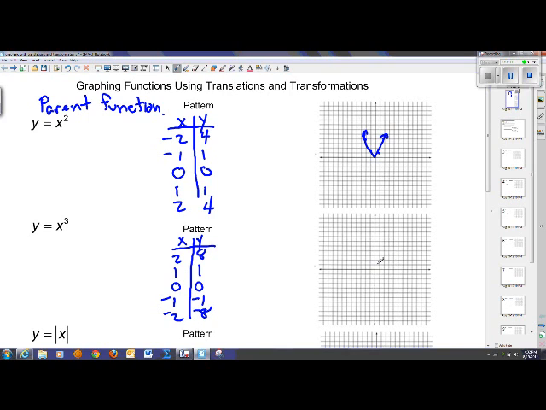And if I graph all those, here's 1, 1, 0, 0, 2, 8, down 1, over 1, 1, 2, 3, 4, 5, 6, 7, 8. Okay, pretty close. Something like this, something like that. Okay, so those are the parent functions of y equals x squared and y equals x cubed.